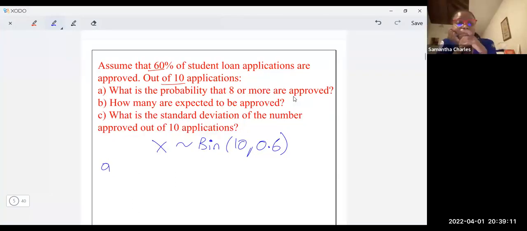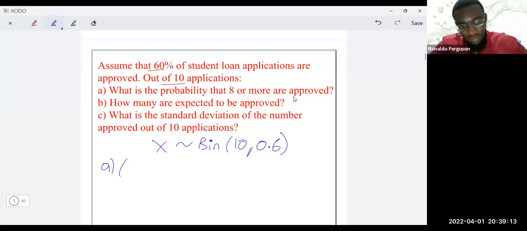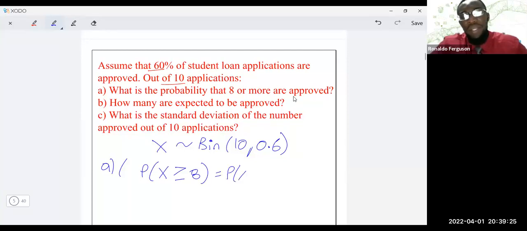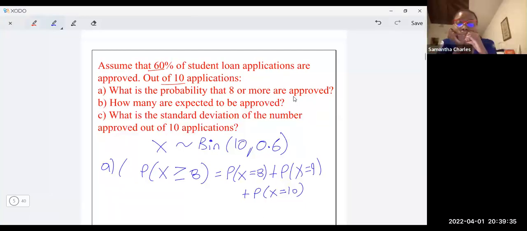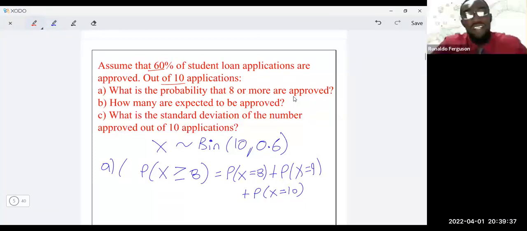For part A, we need to find the probability that X is 8 or more, which is P(X=8) plus P(X=9) plus P(X=10). Those are the three that would be greater than or equal to 8.